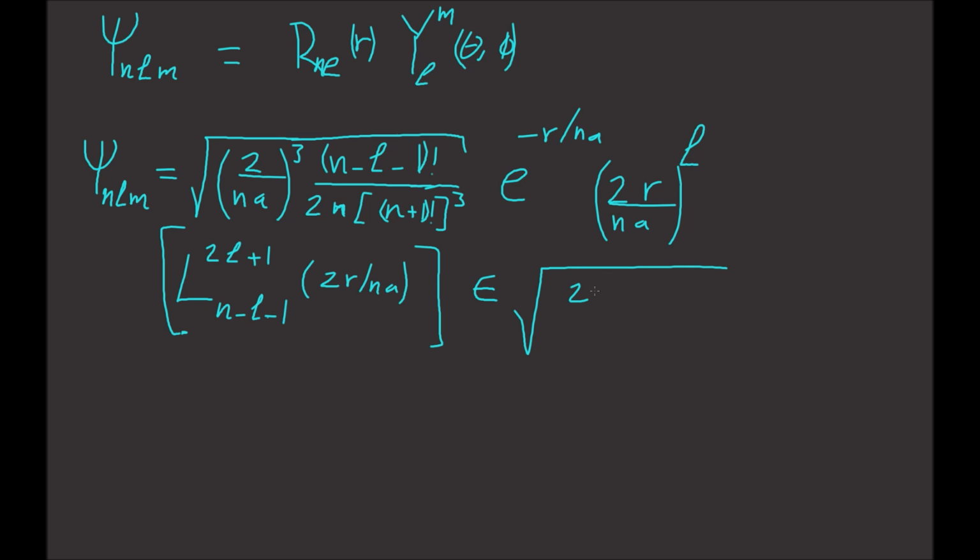We have 2l plus 1 divided by 4 pi, times another piece: l minus the absolute value of m, factorial, divided by l plus the absolute value of m, also factorial.